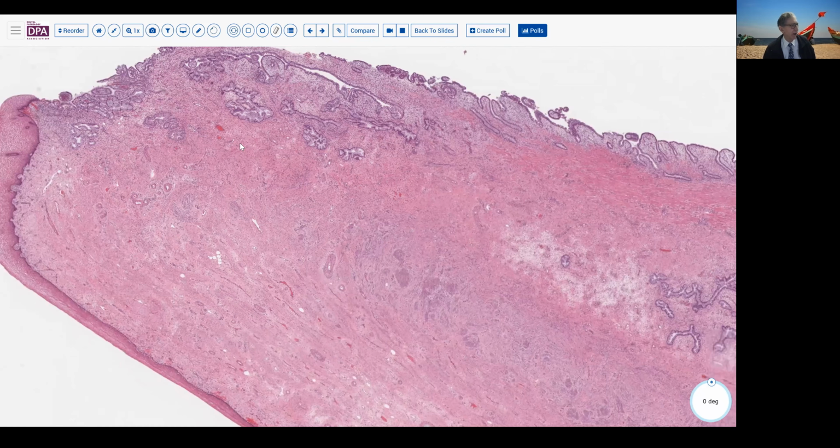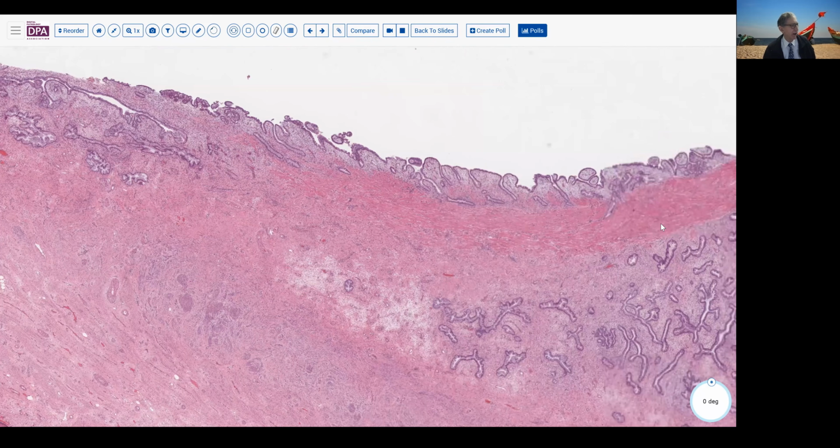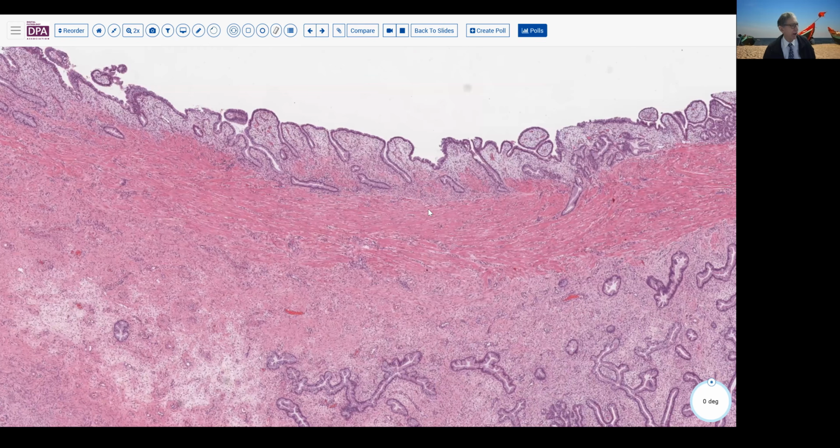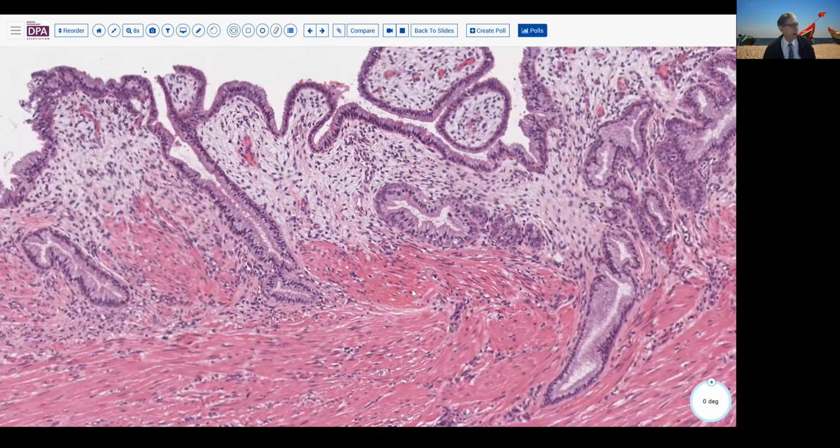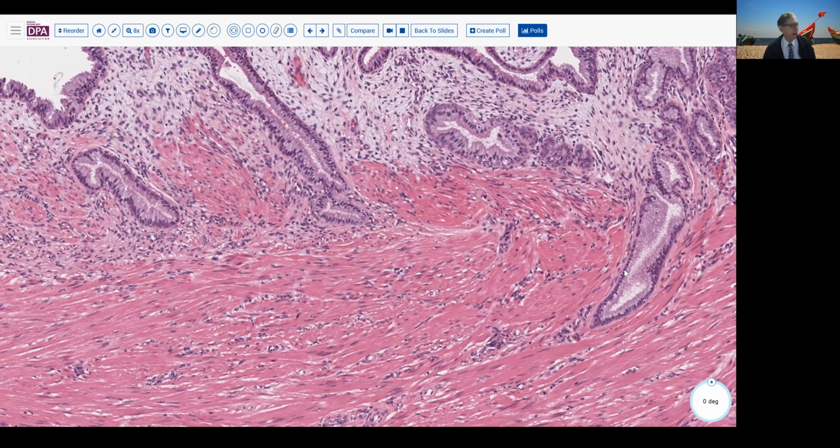But then we have this almost band-like proliferation of smooth muscle that looks like an exaggerated muscularis mucosa, with even some endocervical type glands deep to it, much as we saw on the other slide. Here we can see a few upward extensions of this muscular tissue into the stroma. Descriptively, I would have termed this a myomatous transformation of endocervical stroma.